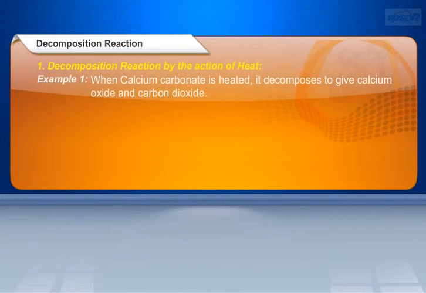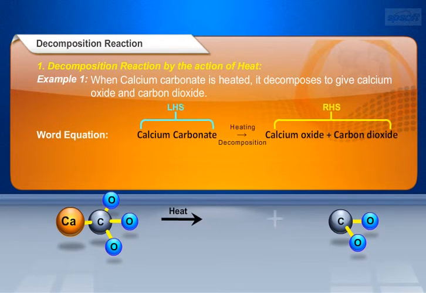Here are some examples of decomposition reactions with experiments. Example 1. Decomposition reaction by the action of heat. When calcium carbonate is heated, it decomposes to give calcium oxide and carbon dioxide. The word equation is: calcium carbonate on heating gives calcium oxide plus carbon dioxide.